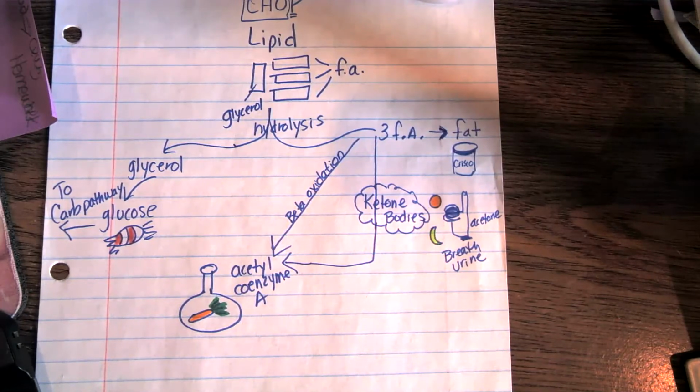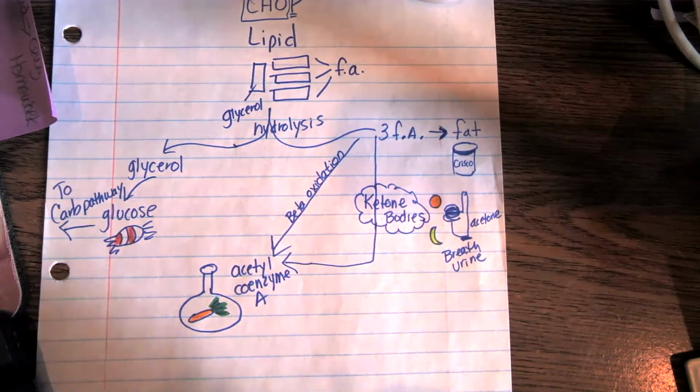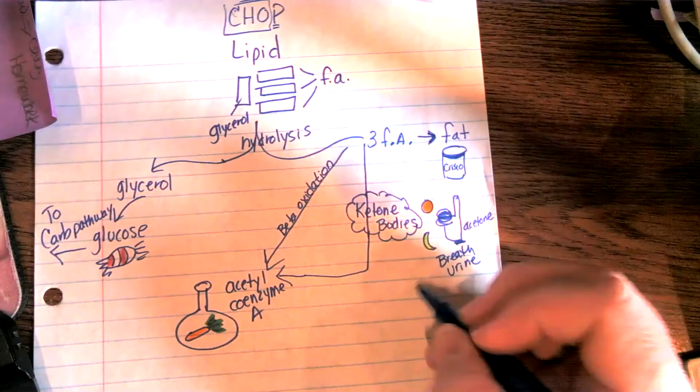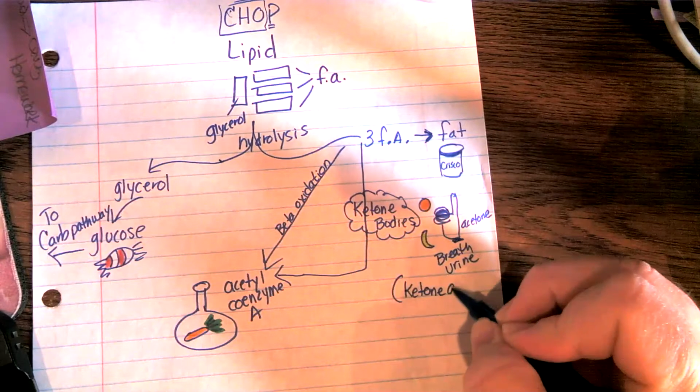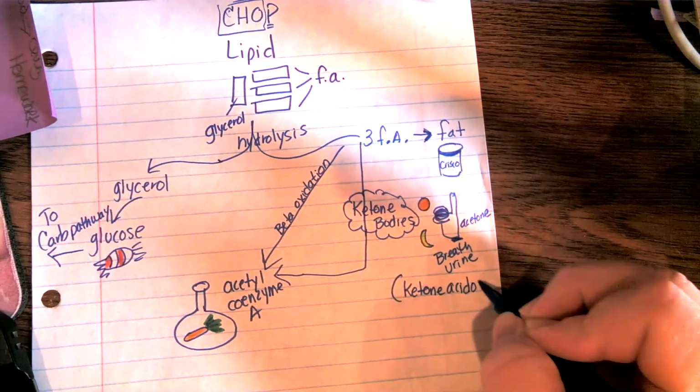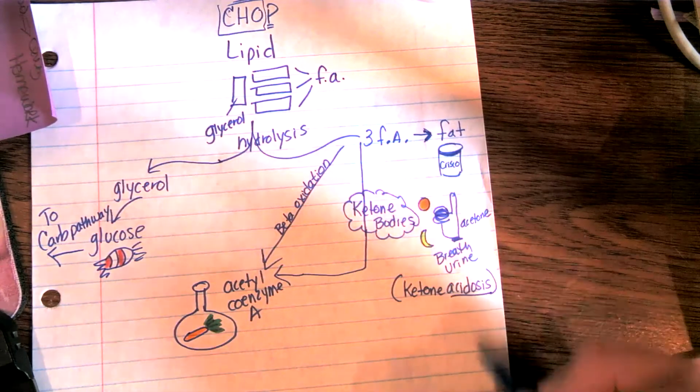The problem that you have to really watch is if those are not being eliminated, if it fasts to lose weight, sometimes you can actually develop a serious pH imbalance. This is ketone acidosis. Have you heard of acidosis? Have we studied that?